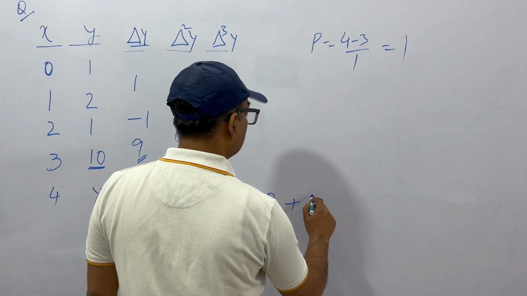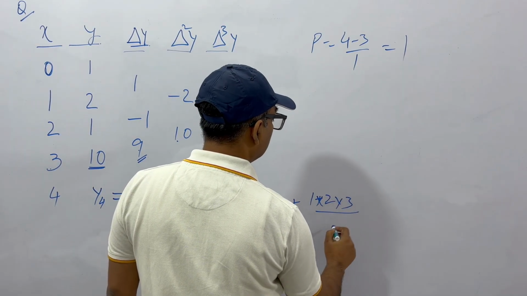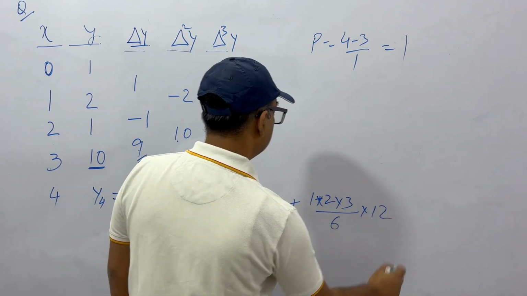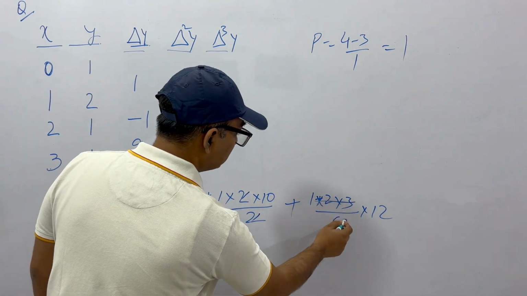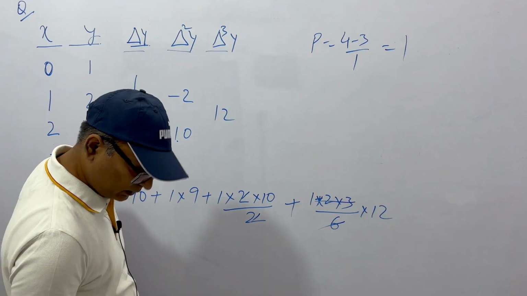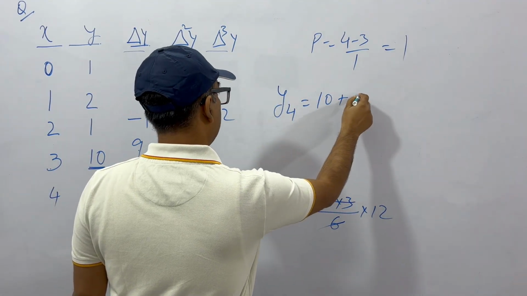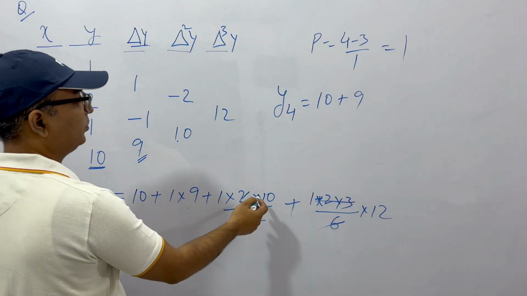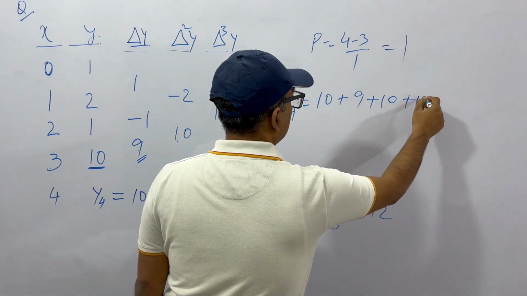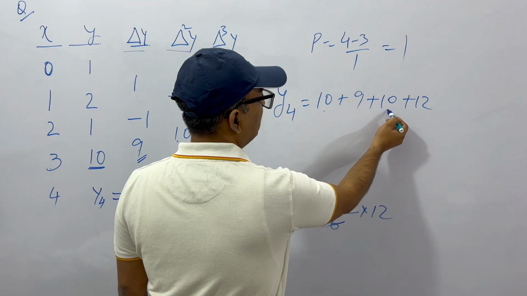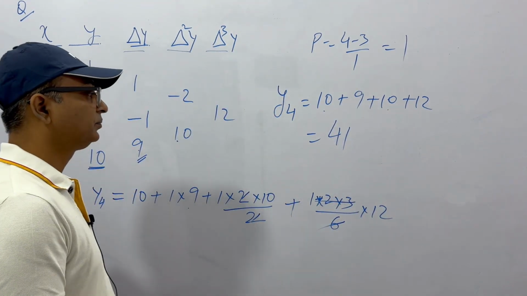So this is p, that is 1 into 2 into 3 by factorial 3, that is 6 into 12. Okay. So this is gone, this is gone. So what we actually get is y4 is equal to 10 plus 9 plus 10 plus 12. So what is this? 10 plus 10, 20, 32, 9, 41. So this is 41. Okay.